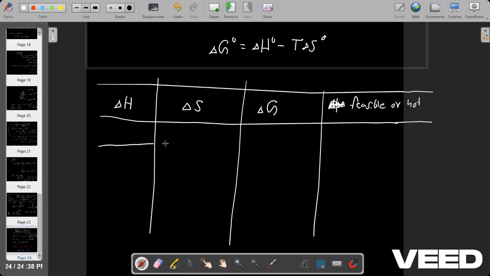For the first one I will do it for you. If delta H is negative and delta S is positive, what can you tell about delta G?